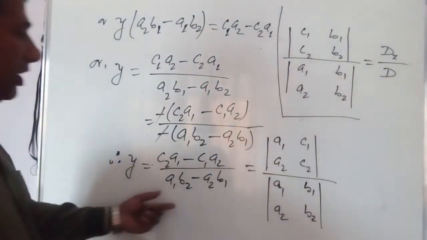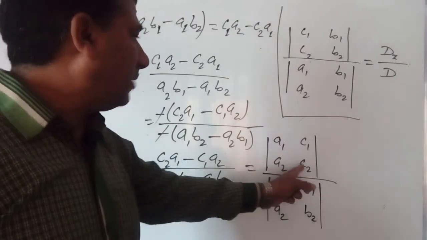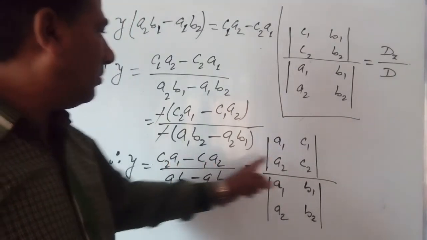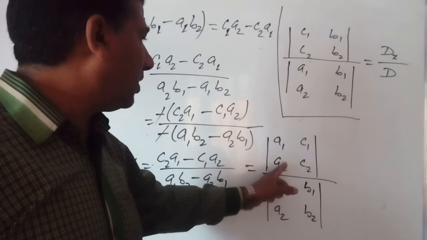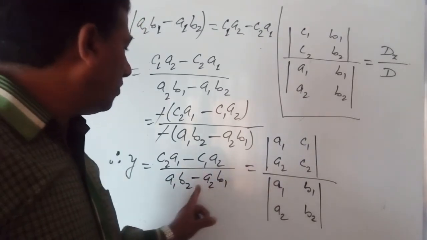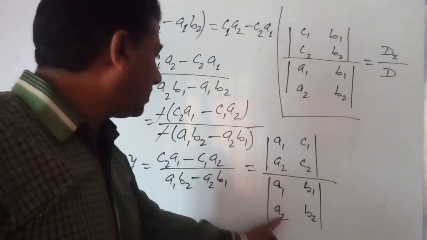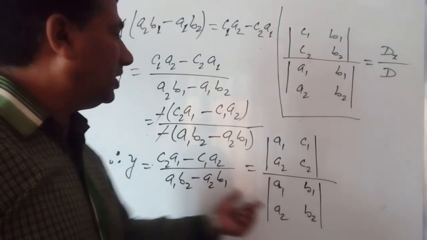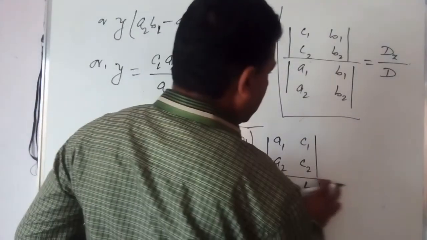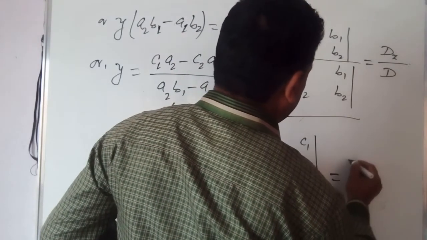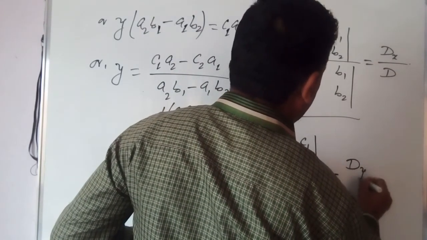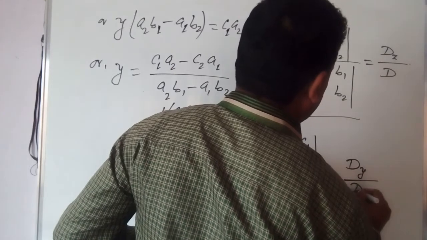Multiplying, the numerator gives a1 c2 minus a2 c1, and the denominator gives a1 b2 minus a2 b1. This upper one is the determinant, which I'll name determinant y, and this one in the denominator is D.